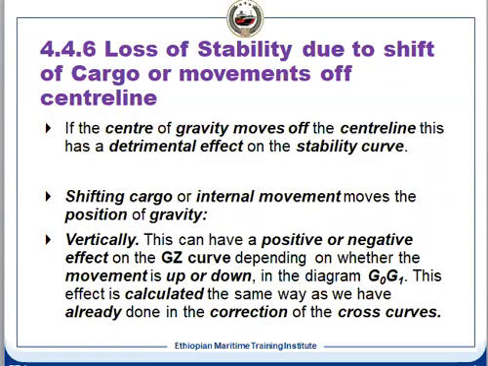Grain is the problem for a bulk carrier, it can shift. Once the ship heels because of an external force, the grain will shift from one side to the other. It will reduce the GM and the ship will heel further. So it is an adverse effect, and the ship can capsize also.